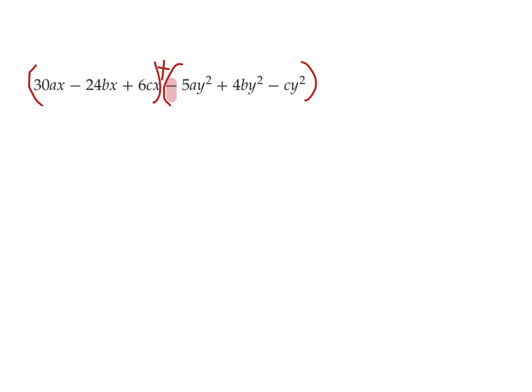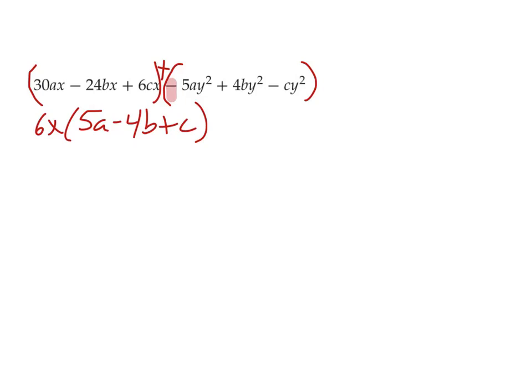So you do it. One of the issues that some of you are having is with this second set. So this first set, what is the greatest common factor for the left side? 6x. So I take the 6x out, and I'm left with 5a minus 4b plus c. Now, if you remember, when we did the other problem, we're trying to get this to happen again.